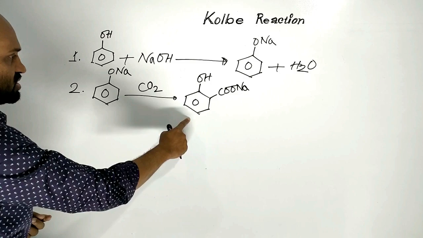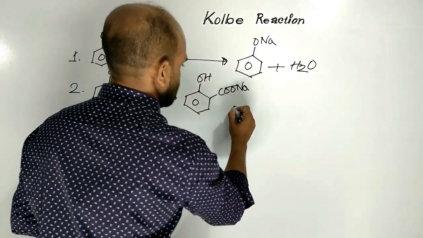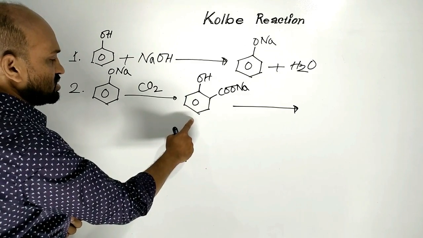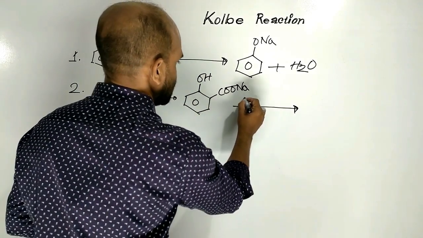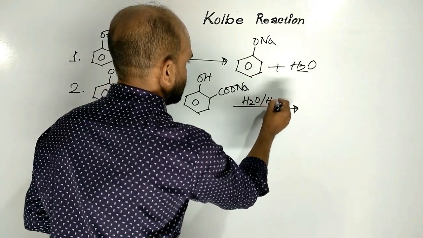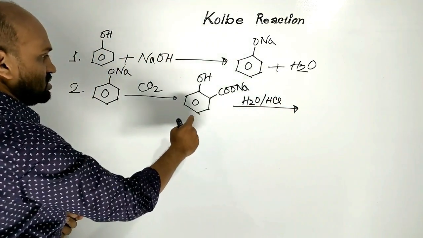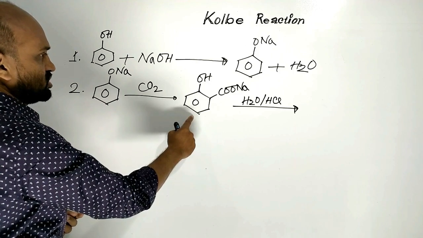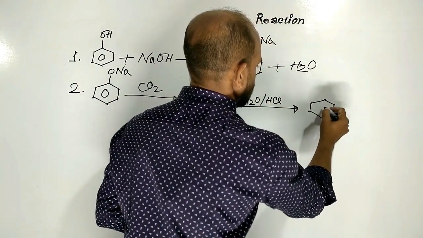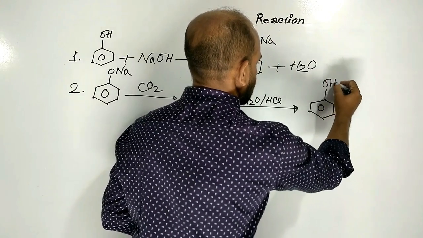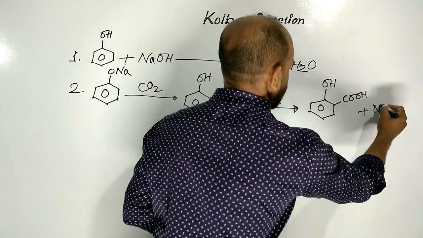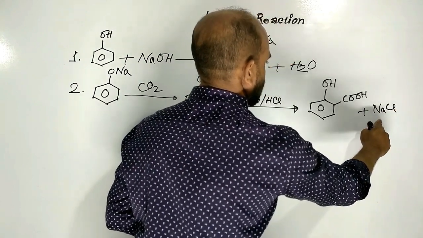This is sodium salicylate. Again, this sodium salicylate is hydrolyzed in presence of acid. As a result, sodium salicylate converts to salicylic acid. Sodium chloride is formed as byproduct.